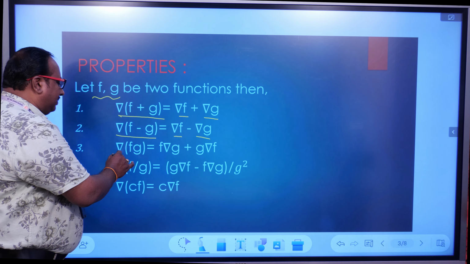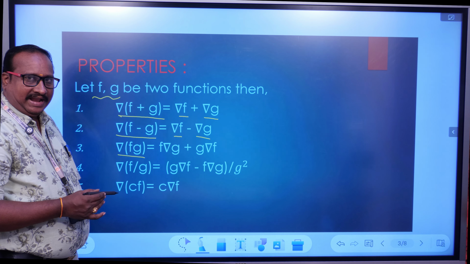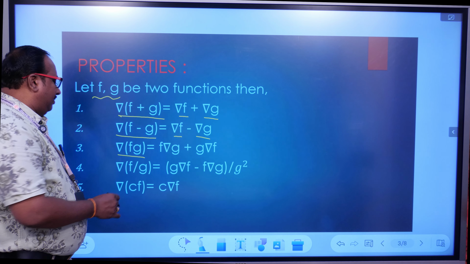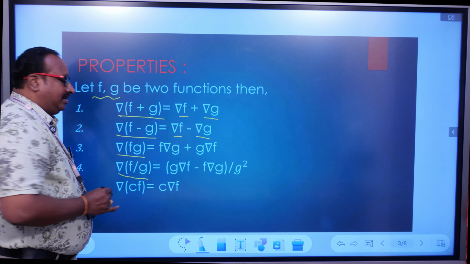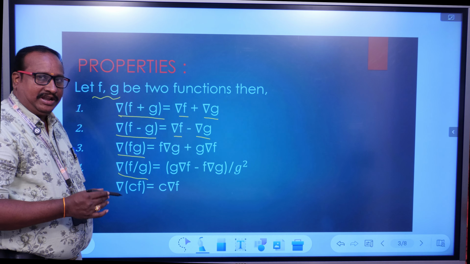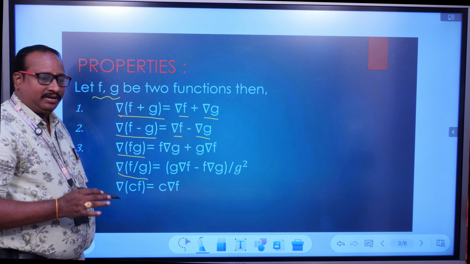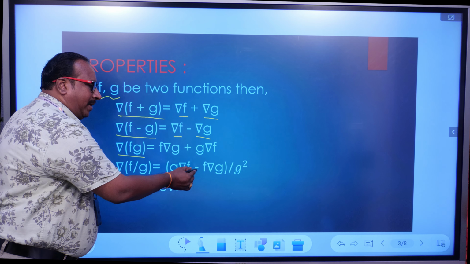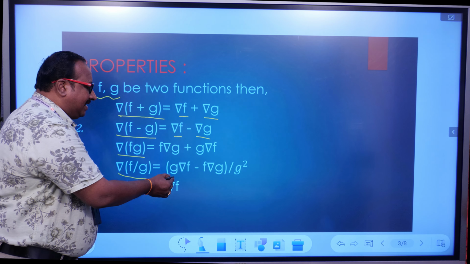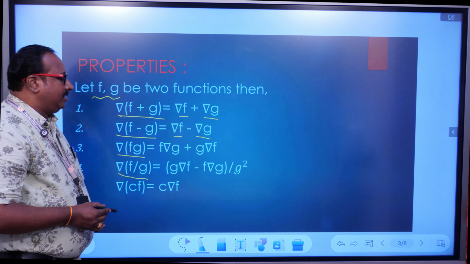Now del of fg is f into del g plus g into del f. This is the derivative of uv form. Now del of f by g is g into del f minus f into del g, whole by g square.